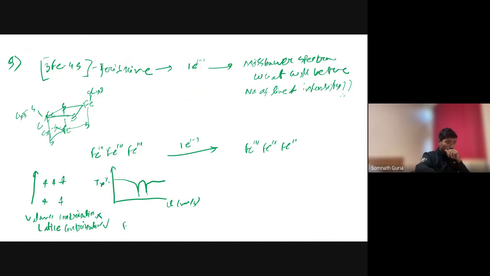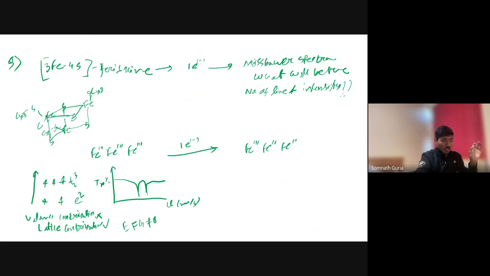We have an EFG not equal to 0, which means we'll have 2 lines. There is no valence contribution because it's a high spin system, a 4 coordinated high spin system. All the d orbitals are T2 3 and E2, so the electron distribution is symmetric.